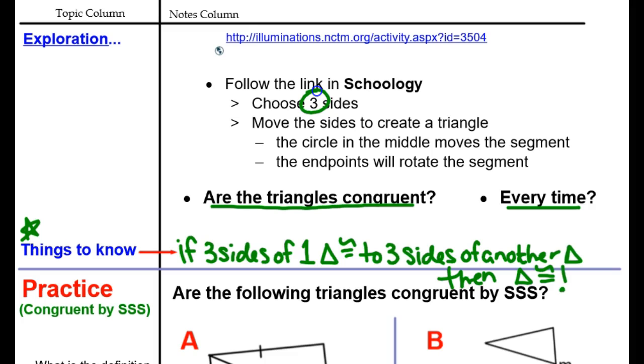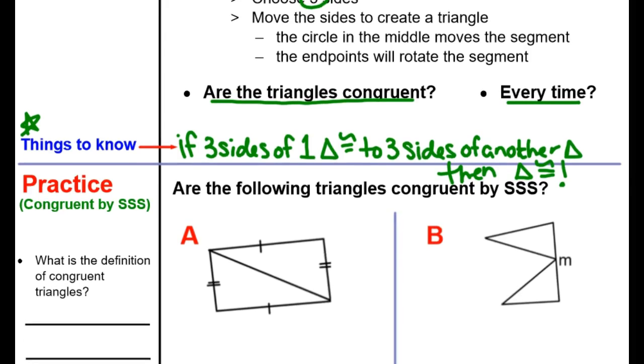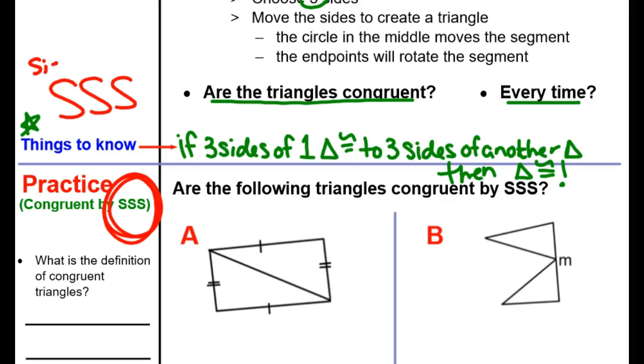Exclamation point. No matter what, they will always be congruent. And we call that side, side, side. S, S, S. Side, side, side.